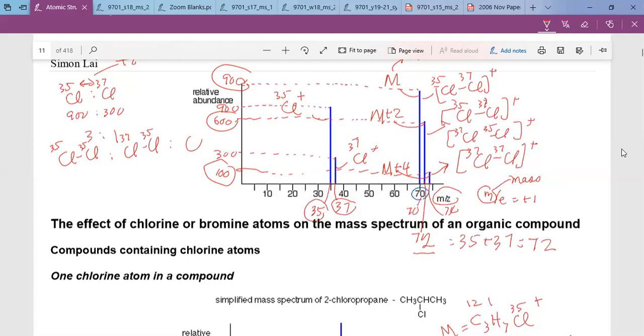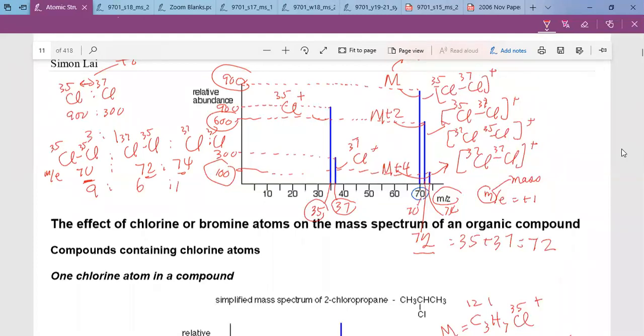Now the mass M/E is 70, 72, 74. It means there are lines at 70, 72 and 74. So why is the height 9 here? 9 is to 6 is to 1.